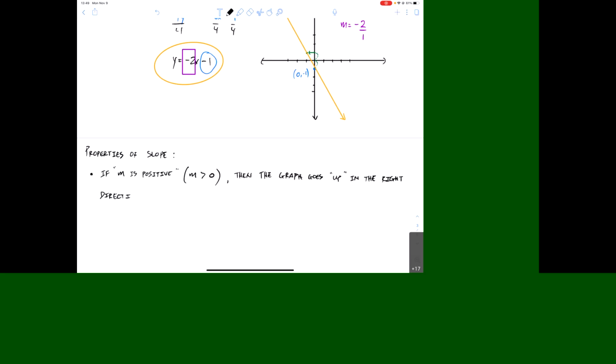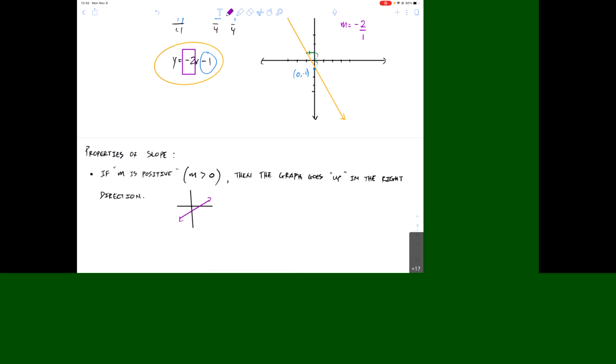So what do I mean by that? Direction, D-I-R-E-C-T-I-O-N. So in other words, if you have a graph, and it's positive, it's going to go in this direction, right? See how you can imagine if you had the axes like this? Let me do this in a different color. So if you had the axes like this, positive slopes always go in this direction.